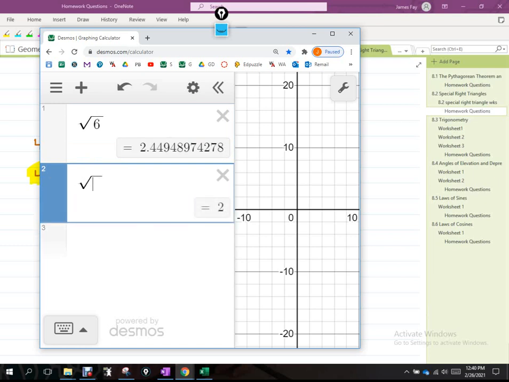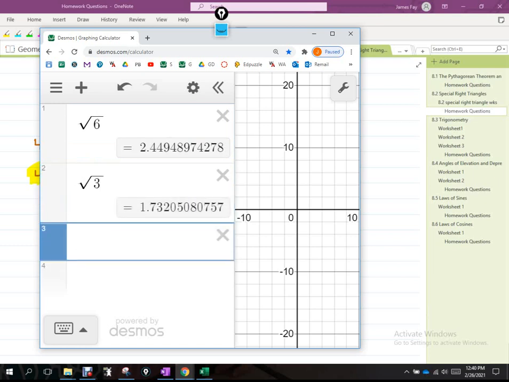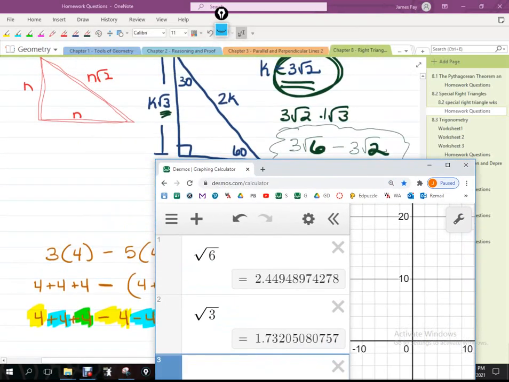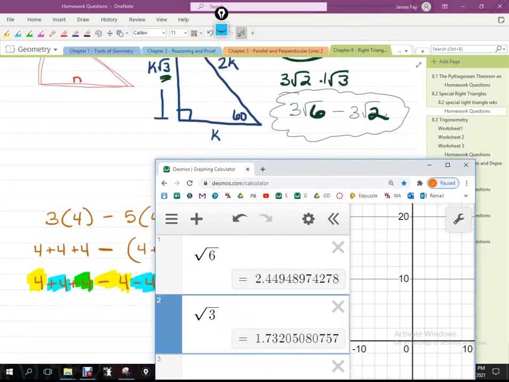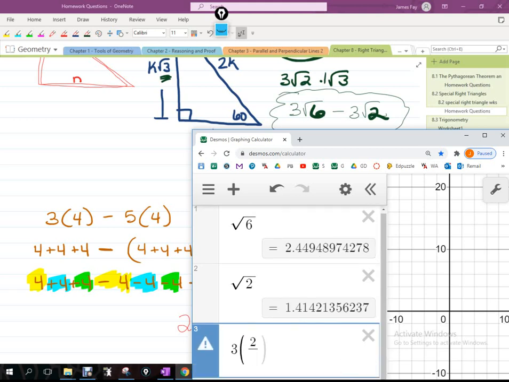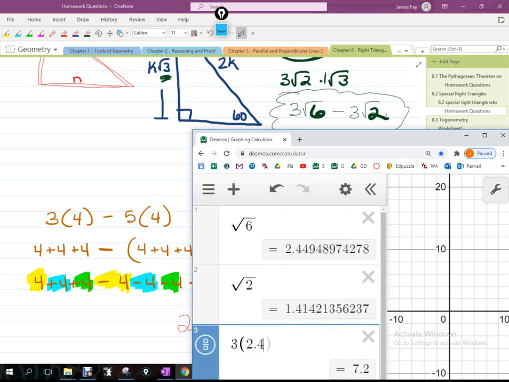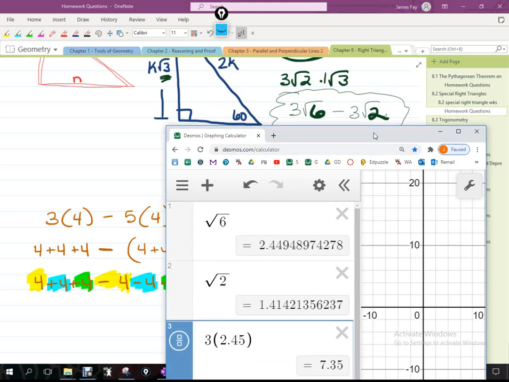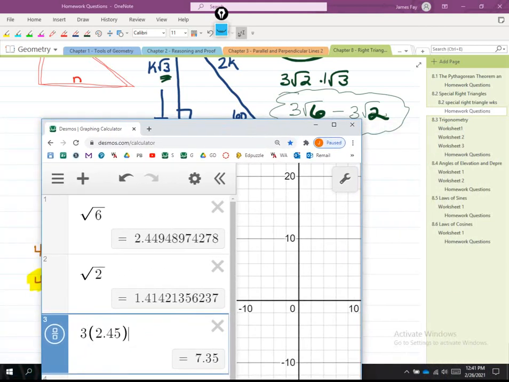Square root of 3 is that. I guess square root of 2 is what we want. When we have this question, we're actually asking, you have 3 times the 2.45 number, that is the 3 times radical 6. Does that make sense? Okay.